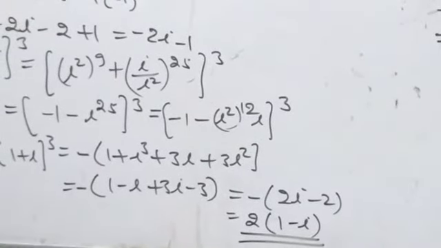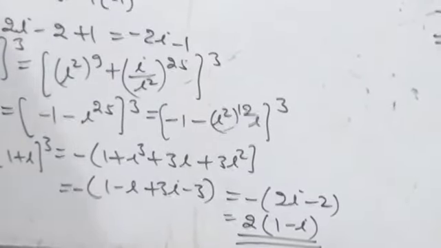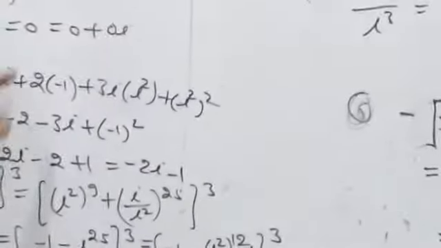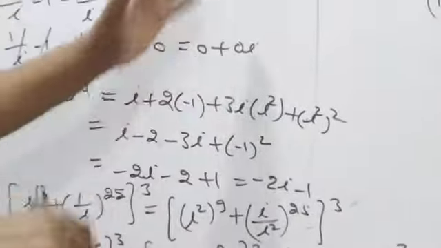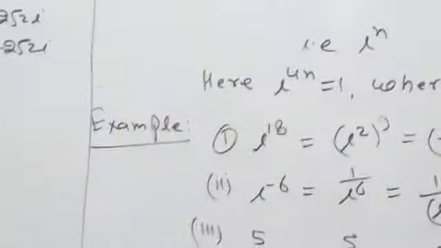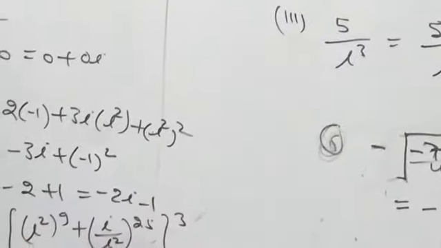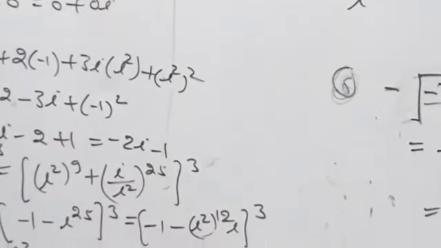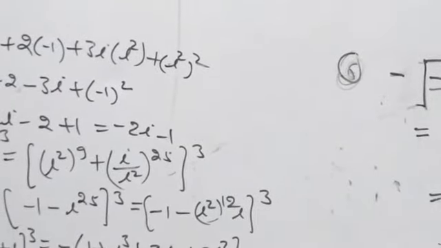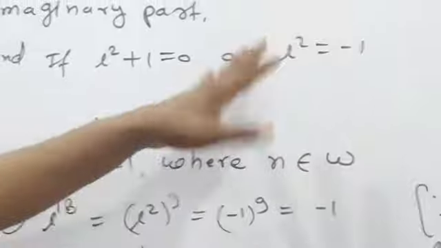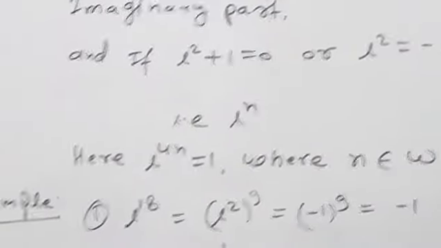And how many questions I have already told you in this video. Maximum questions are based on i square is equal to minus 1. And in the next video, in the next questions, maximum questions depend on i square is equal to minus 1. So in this video, the most important formula is i square is equal to minus 1.